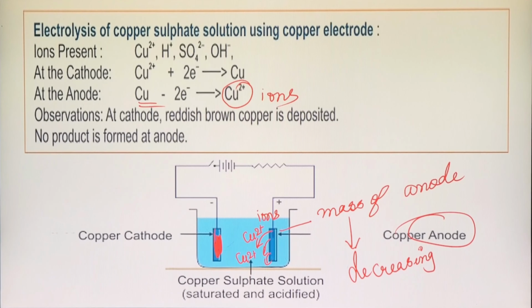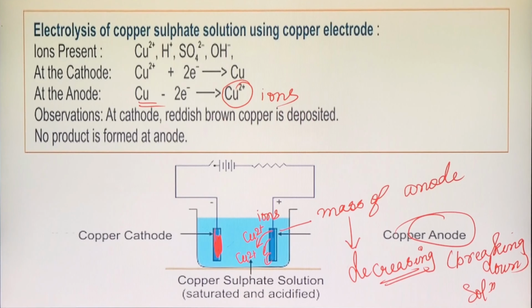Clear? Why is it decreasing? Because my anode is breaking down and it is falling down into the solution. So please remember, what is the observation you will write at the anode? At the cathode, reddish brown deposit is formed and the mass of the cathode increases.